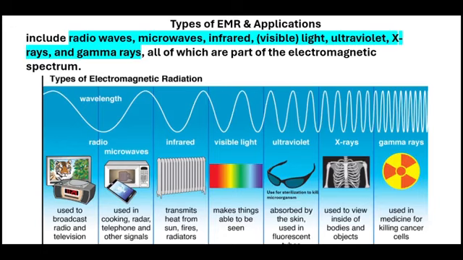Visible light is responsible for making us appreciate colors. This makes color able to be seen, and we can differentiate many things. Ultraviolet is used in sterilization to kill microorganisms, is absorbed by skin, and is used in fluorescence.